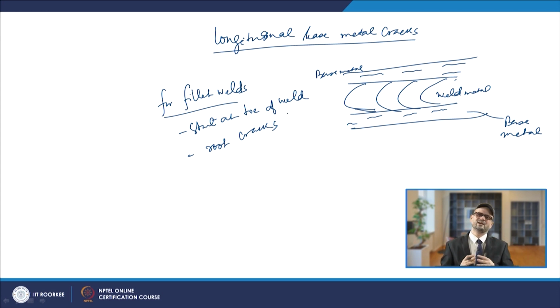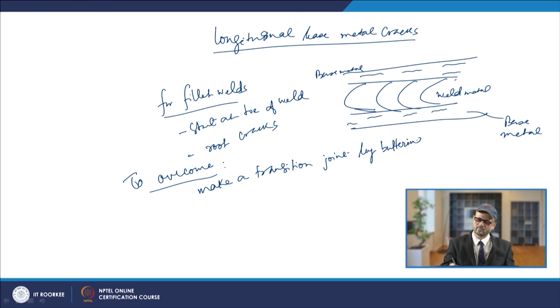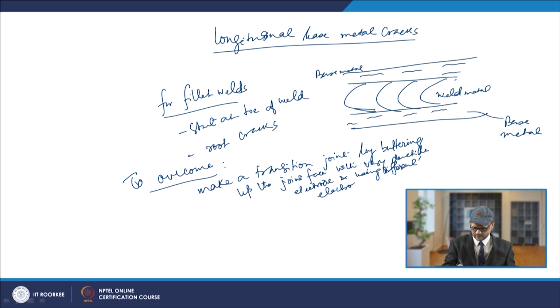So, what we normally do to avoid the formation of these longitudinal base metal cracks is that many a times we make a transition joint by buttering up the joint face with a very ductile electrode, and then using a different electrode to finish the weld.